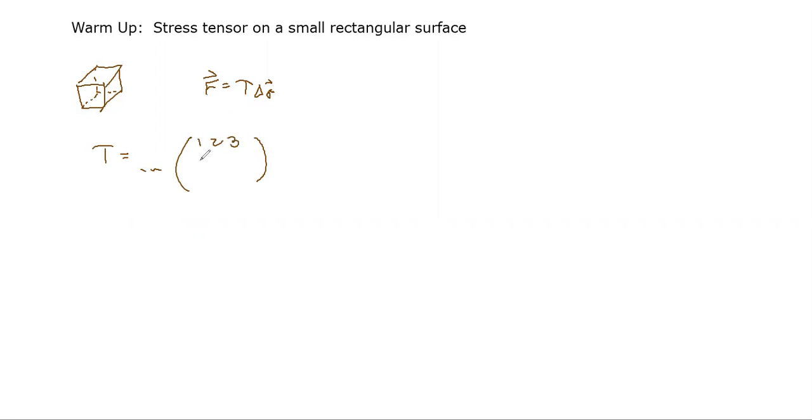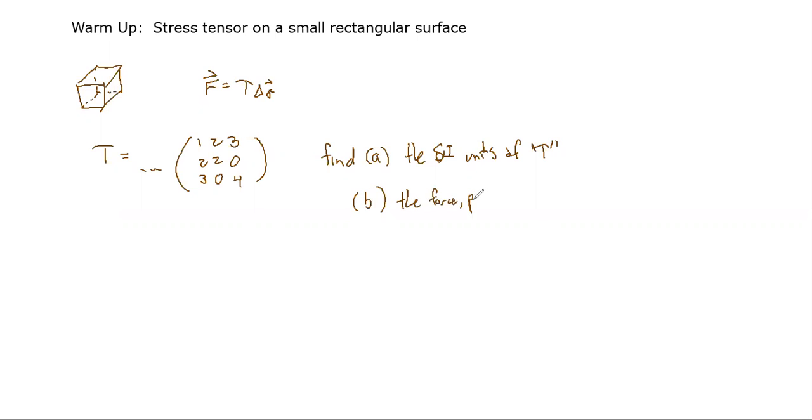So let's do 1, 2, 3, 2, 2, 0. And let's not go super crazy with it. Let's make it symmetric, so it's not like a super funky material. And ask two things. So first, find the SI units of T. And B, let's find the force, and I don't want to lead too much.